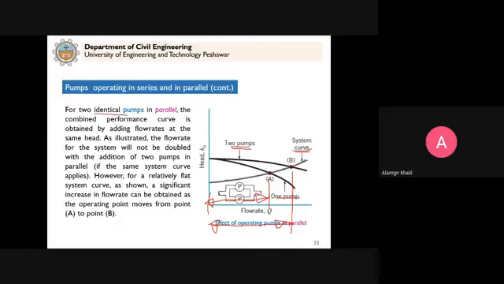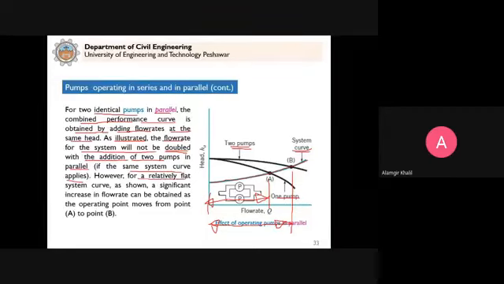So for two identical pumps in parallel, the combined performance curve is obtained by adding flow rates at the same head as illustrated. The flow rate for the system will not be doubled, clear, with the addition of two pumps in parallel if the same system curve applies.